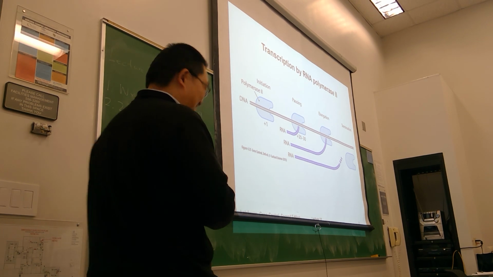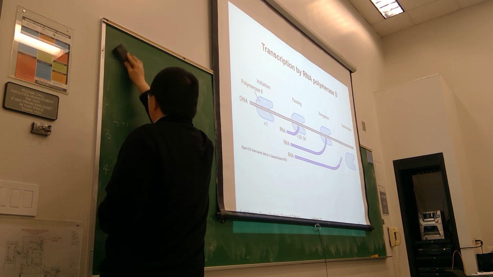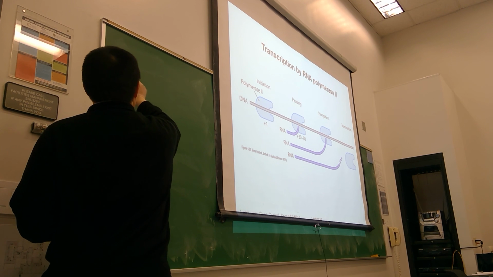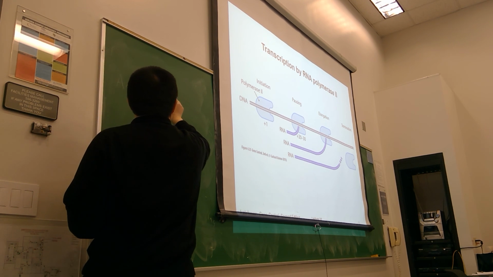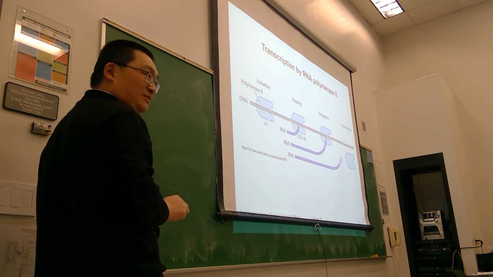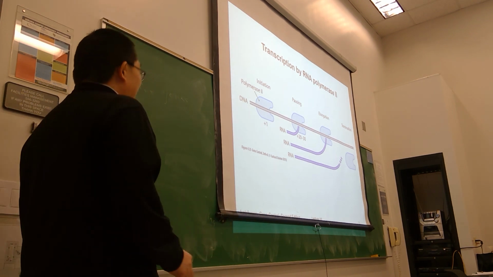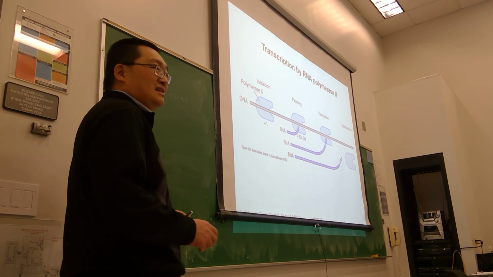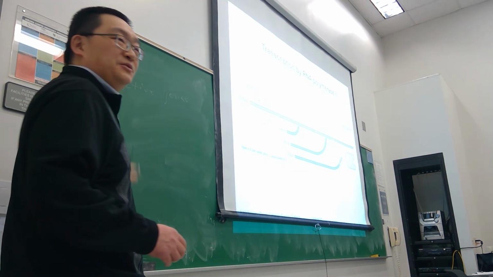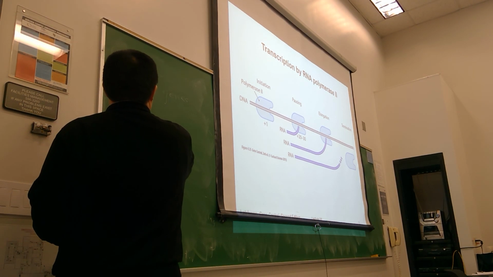You can divide the human genome into active genes, and then the other, silenced genes. One is repressed genes.